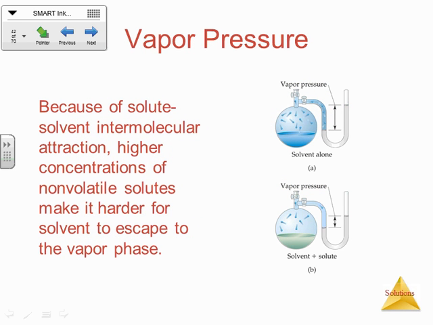So you're just going to have to think about this. If we have water by itself, okay, water is kind of attracted to itself, right? And what's the main intermolecular force that water has? Hydrogen bonding, right? Okay, so water has a fairly high boiling point and a fairly low vapor pressure already, just because it has strong attractions for itself, so it's hard for those molecules to escape as a gas, okay?